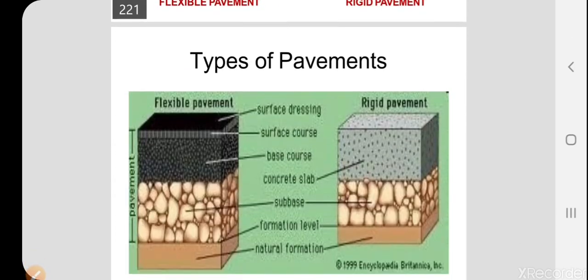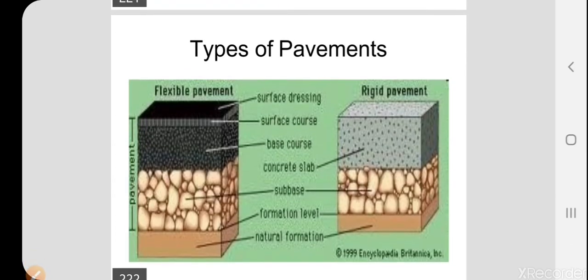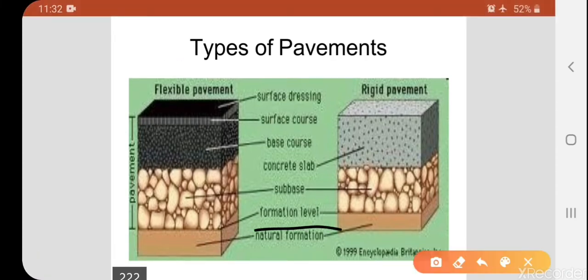In the previous video we already learned that in a flexible pavement the subgrade is nothing but the natural formation of the ground.